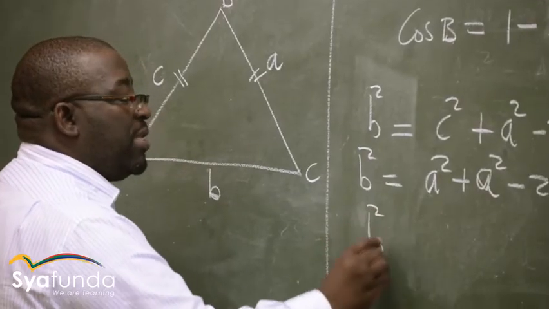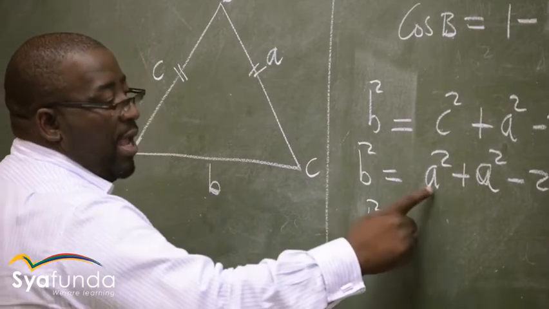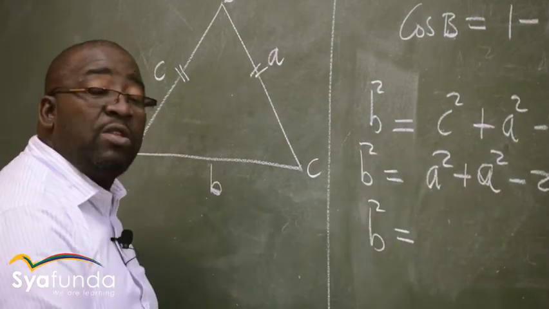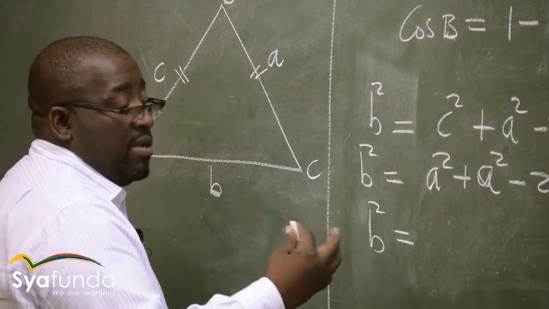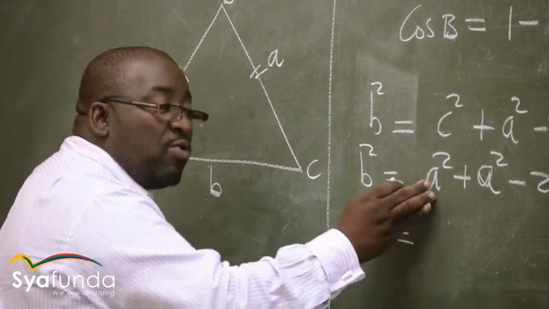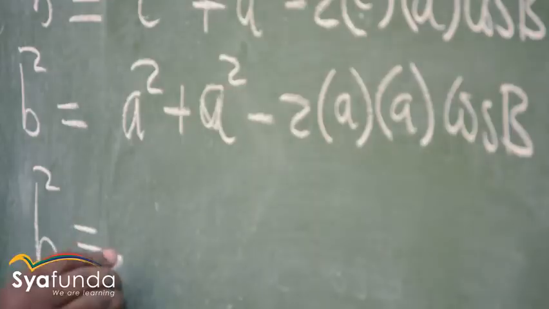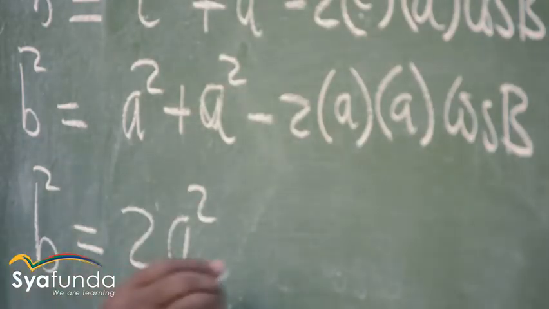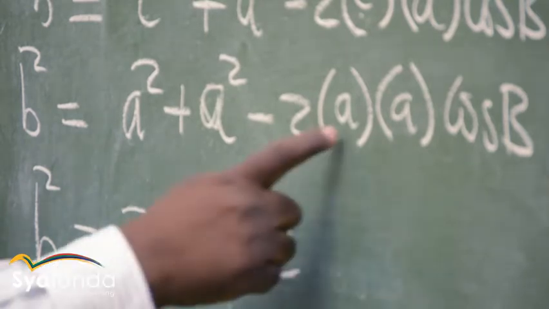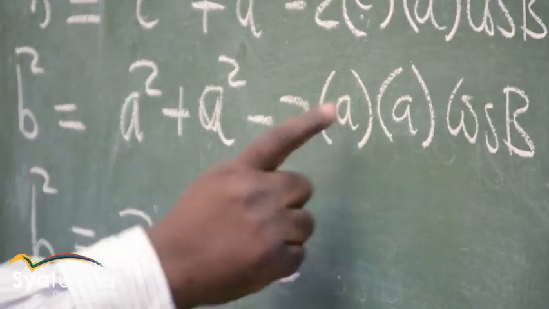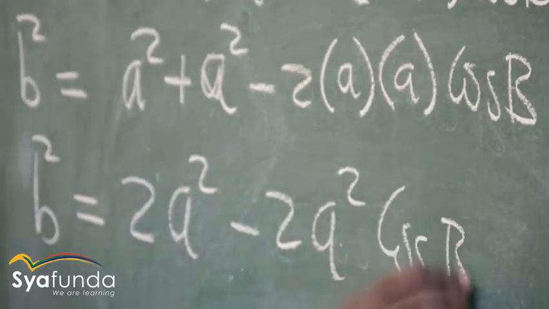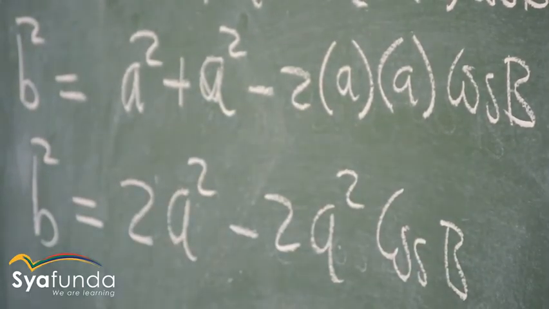This is b squared is equal to a squared plus a squared. What does this give us? It gives us 2a squared, minus 2, what is a times a? It gives us a squared cosine of B. That is what we have.